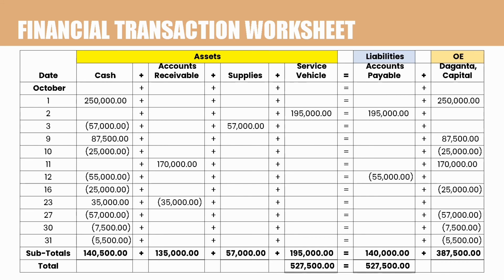And kapag pinag-plus natin lahat ng mga totals under assets, we have total asset na 527,500. And sa ating liabilities at owner's equity naman, pag pinag-plus natin yung totals nila, we have here 527,500 din. So with that, na-balance natin yung ating worksheet and ibig sabihin lang nun, tama tayo ng pag-record ng ating mga transactions.